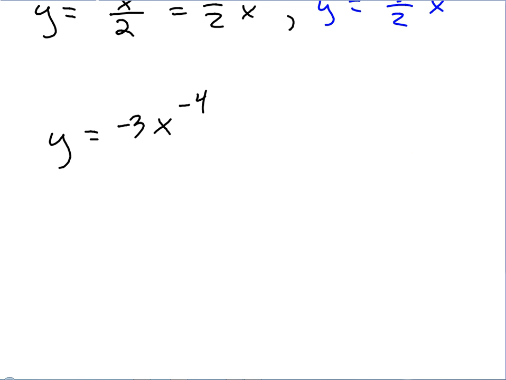What about this guy down here? 12x to the -5. Good. It works. I'm going to follow the same rules. If I take the -4 out front, I'm going to get positive 12. X to the -4 minus 1 is -5. Now if I write that without a negative exponent, how would I write that?